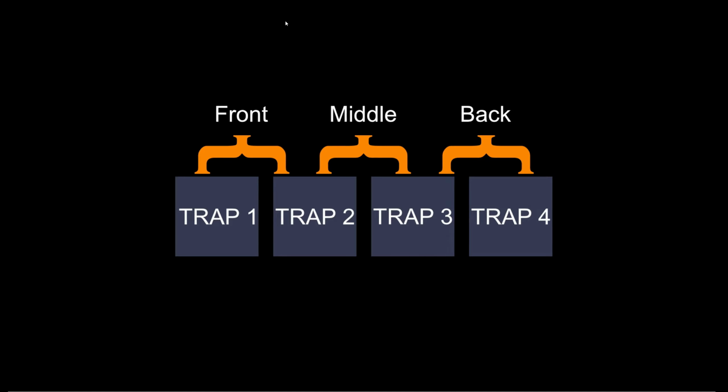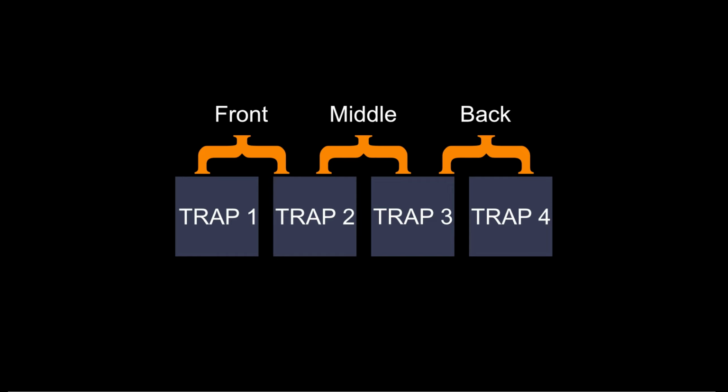Sometimes you'll see a 350 payout system, which takes the score from traps 1 and 2 to produce the front 50, then 2 and 3 to produce the middle 50, and then 3 and 4 to produce the back 50. Once the 50s are calculated, it's paid off just like a standard purse.